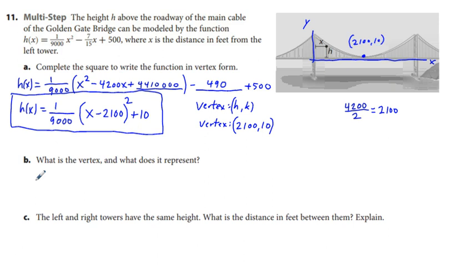And the vertex is the lowest point in the cable span, h above the roadway. So the vertex is the coordinate pair 2,100, 10, and is the lowest point in the cable span.